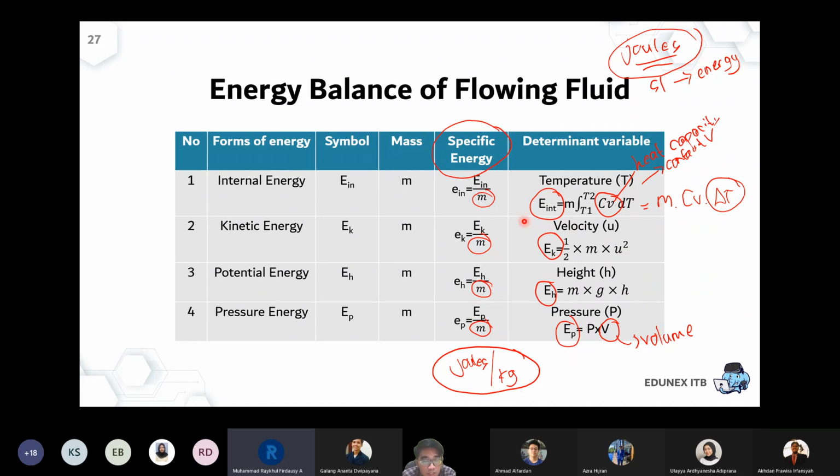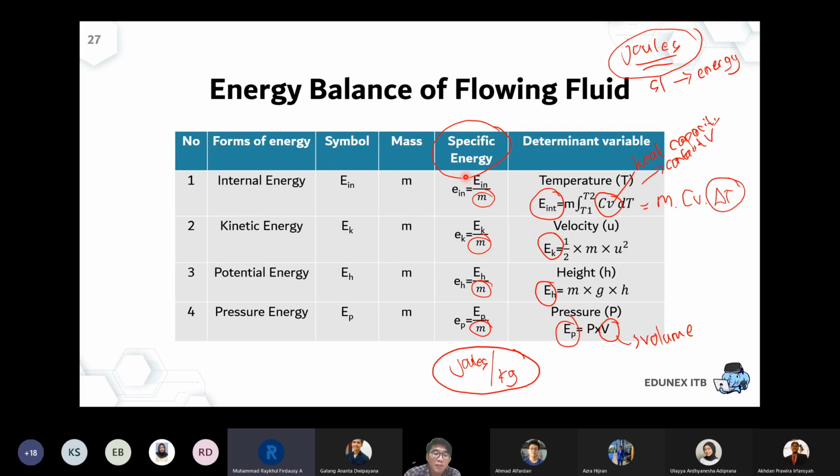However, if it's just water flowing in the pipeline, the mass or the mass flow rate of the water will be constant, right? Throughout the pipeline. Since the mass is always constant, you can express the energy as energy divided by the mass because it's constant. Yeah, that's why you have the specific energy.